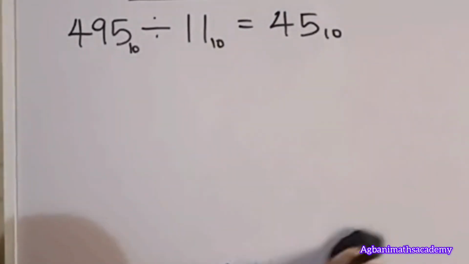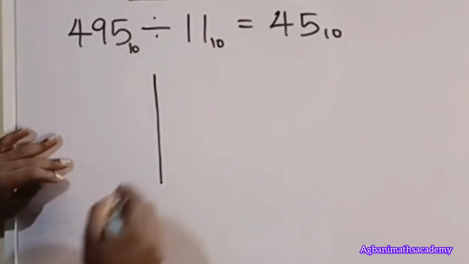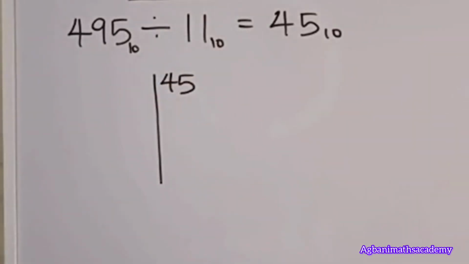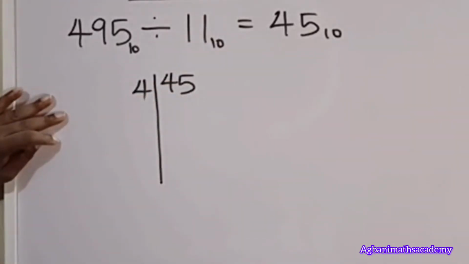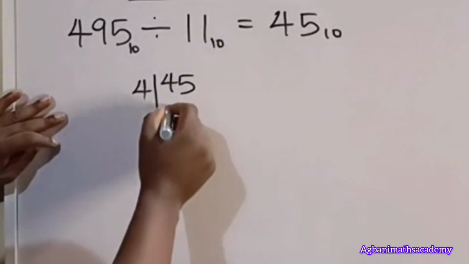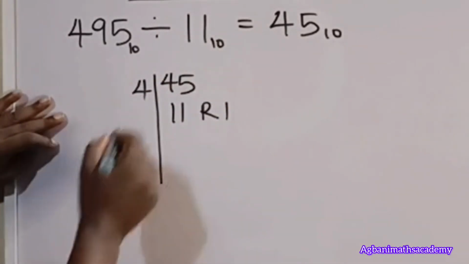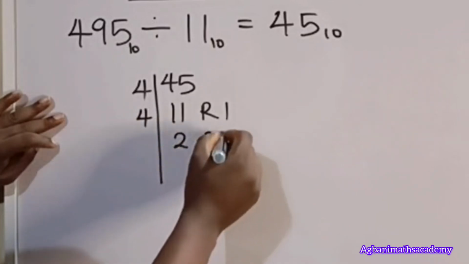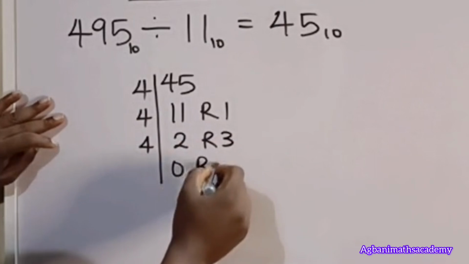So let's do that. 45 base 10 converting to base 4. 45 divided by 4 is going to give us 11, remainder 1. 11 divided by 4 is going to give us 2, remainder 3. And 2 divided by 4 is going to give us 0, remainder 2.